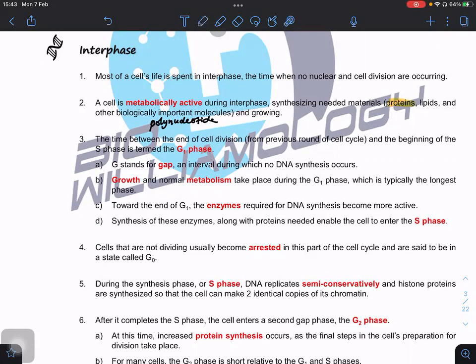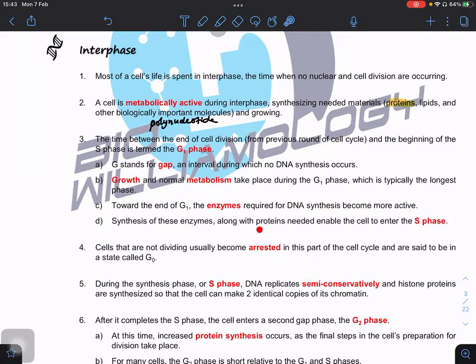The time between the end of cell division and the beginning of the S phase is termed G1. G stands for gap, not grow. Are you clear? We call it gap 1. What actually happens during gap 1? Basically, we have growth and metabolic reactions. Toward the end of G1, enzymes required for DNA synthesis become more active.